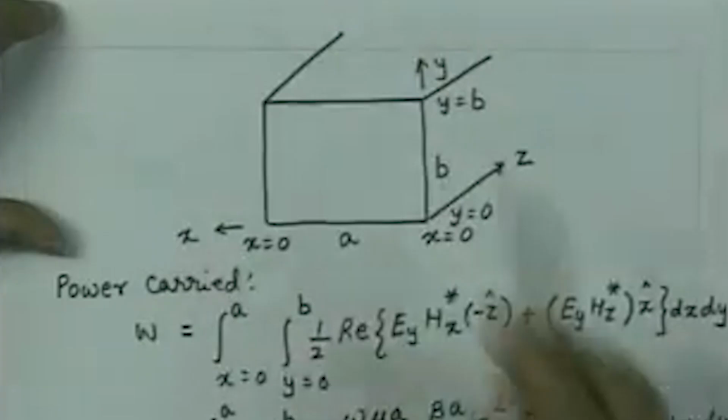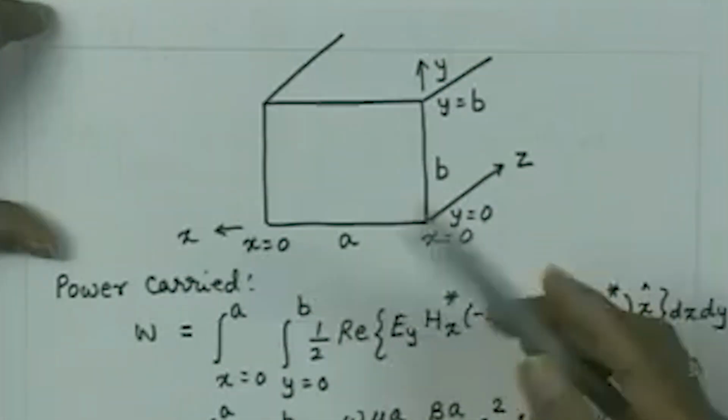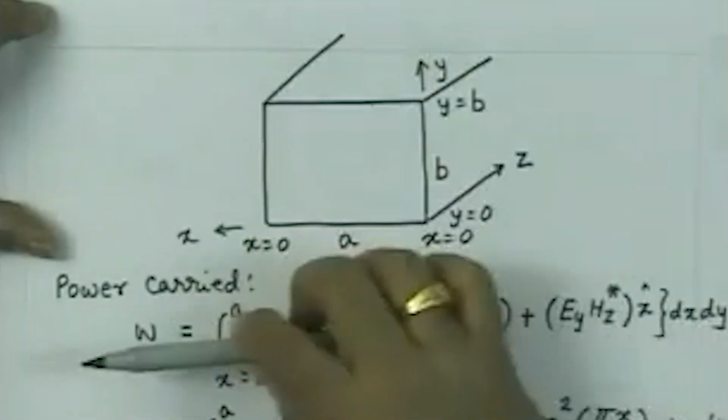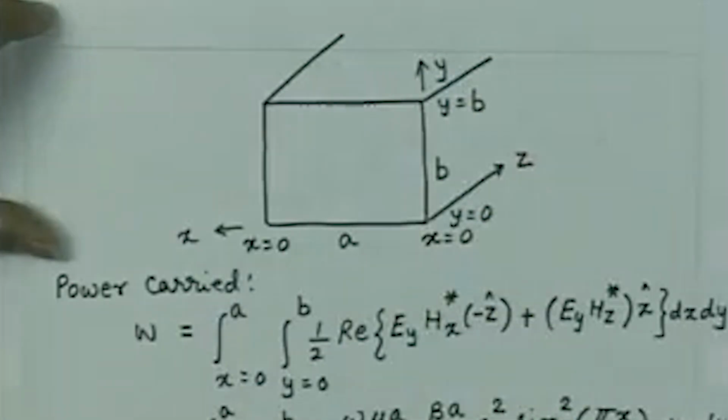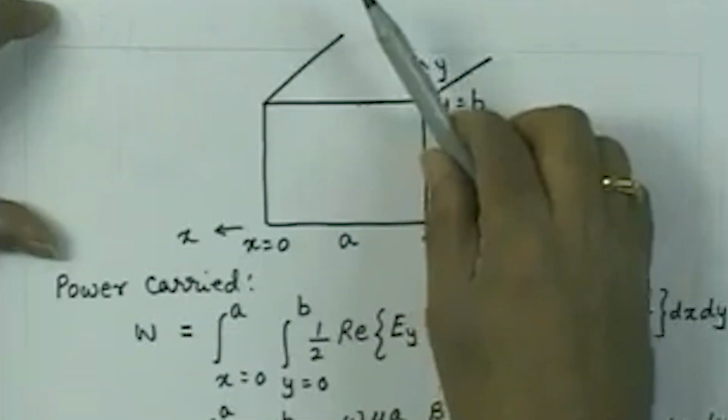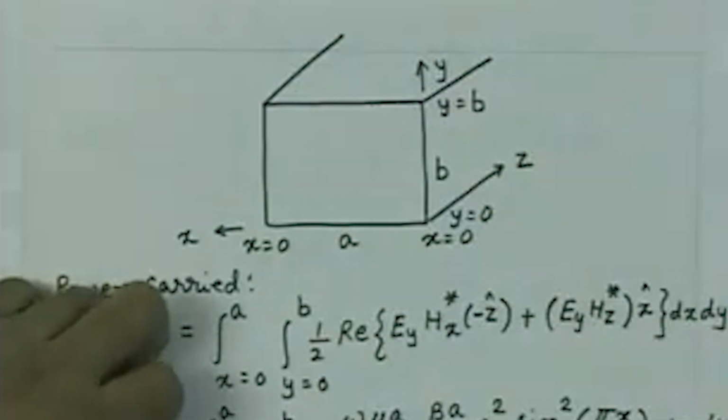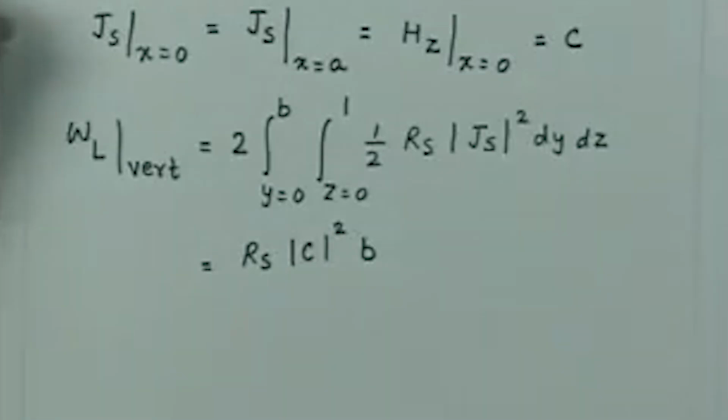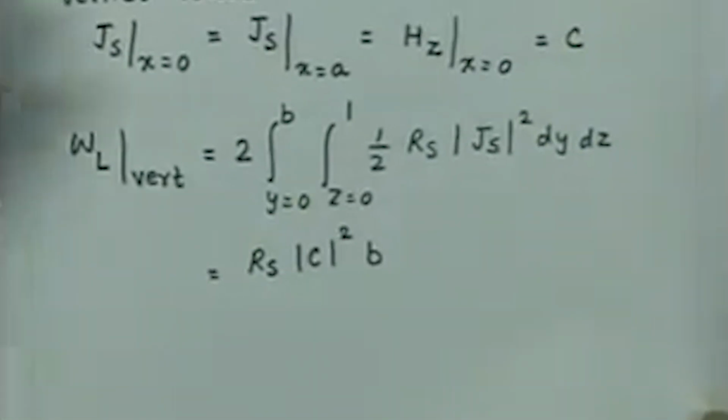However, when I go to the top surface, as I mentioned, we have two components of the current, because we have two magnetic field components Hx and Hz. So, we have to find the total current on this surface and then calculate the loss on the top and bottom surface. So, let us consider now the horizontal wall.